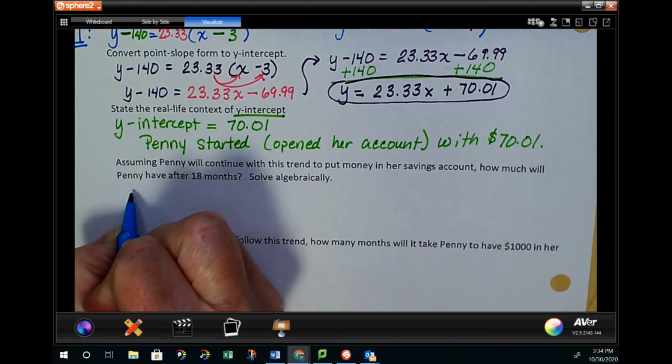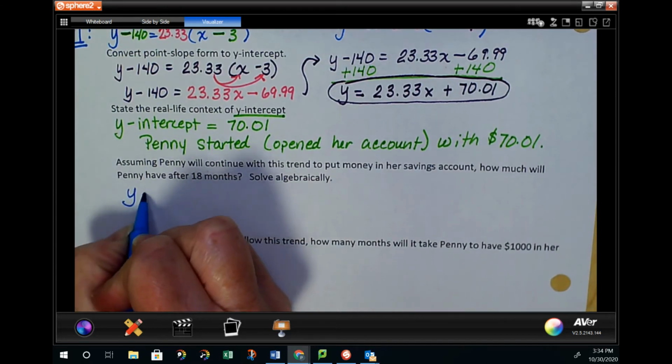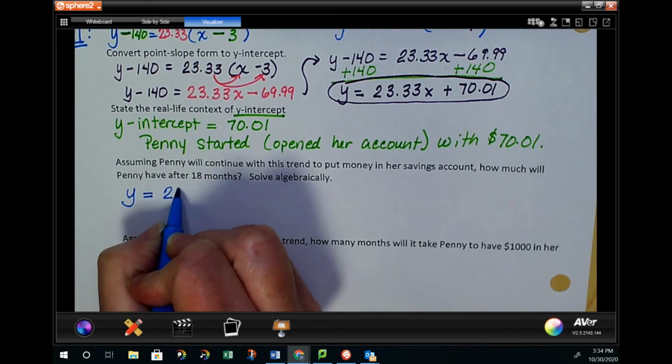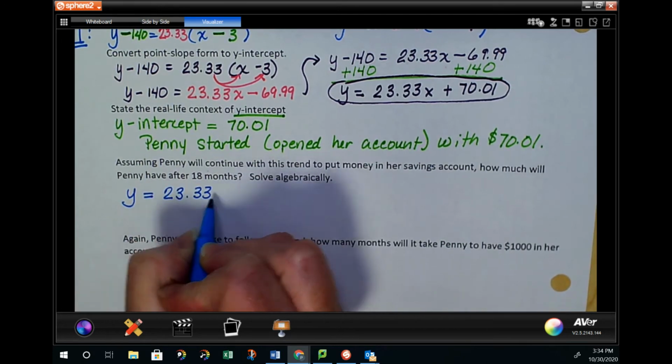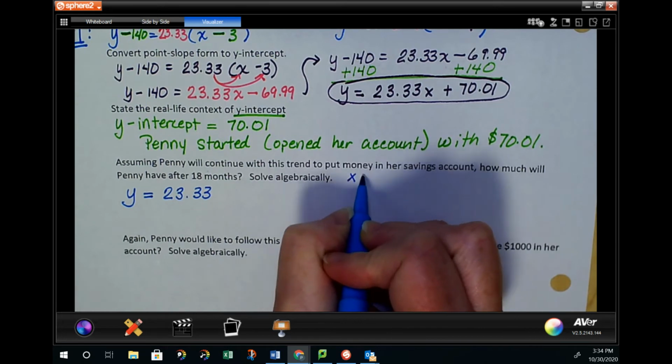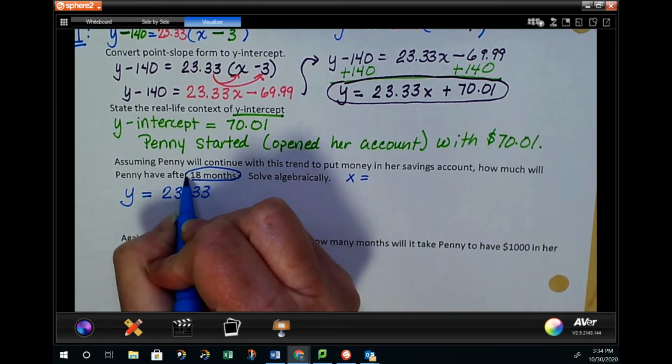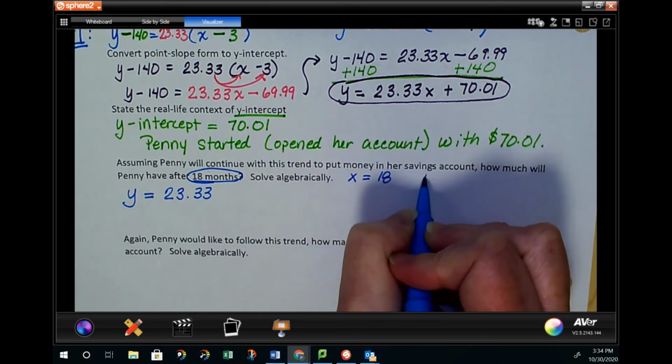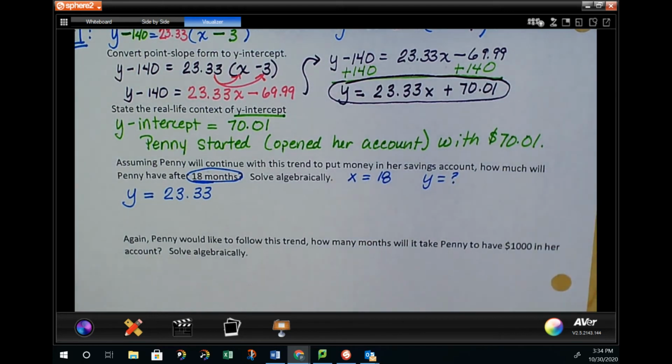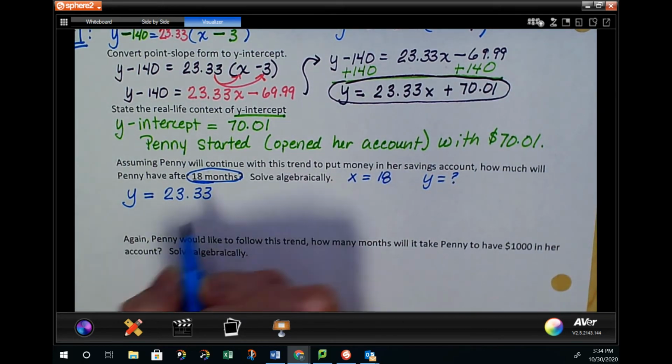So you're going to use your equation. So your equation is y is equal to $23.33. And this thing, x, is 18. So x is equal to 18. We need to figure out what y is. That's basically what that question is.